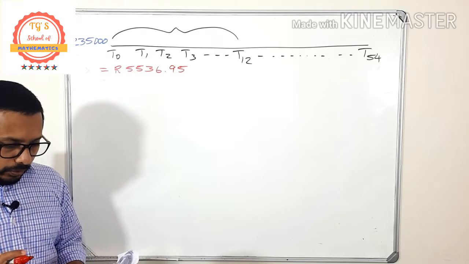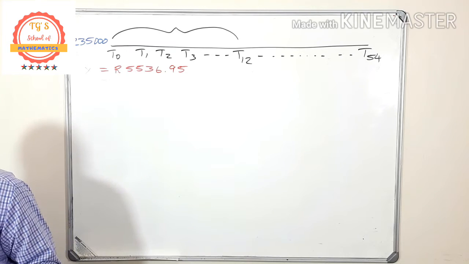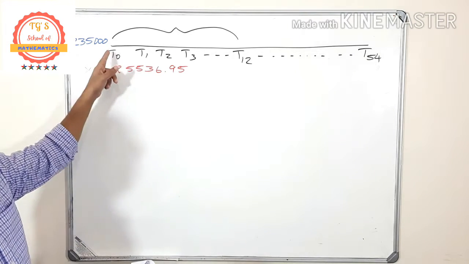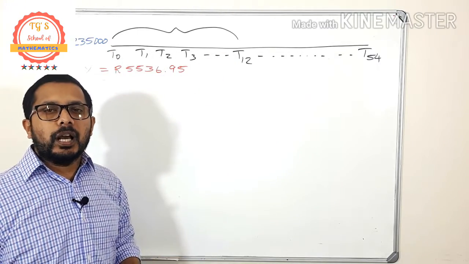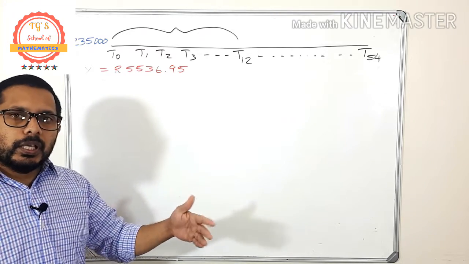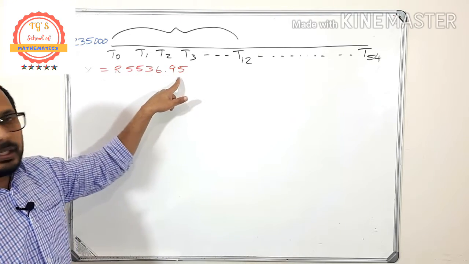Okay. Now look at this question. If the calculation is like this, monthly installment is 5,536. For this 1 year, how much he will pay? After 1 year, how much he will pay? You know, it's a monthly payment. That means every month he is supposed to pay 5,536 Rand 95 cents.